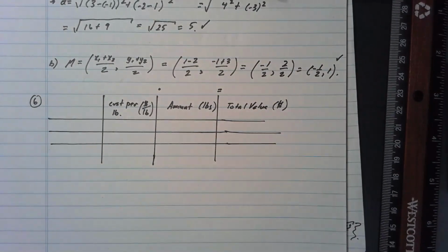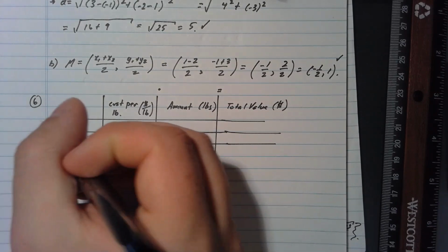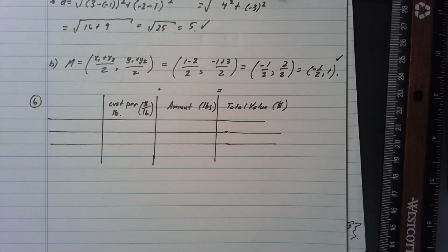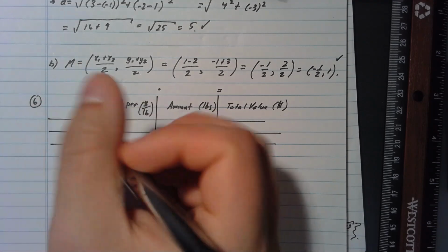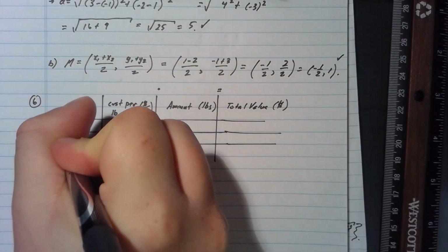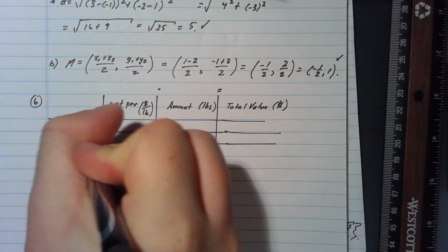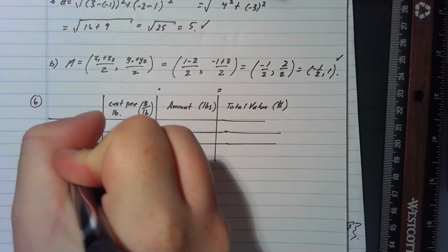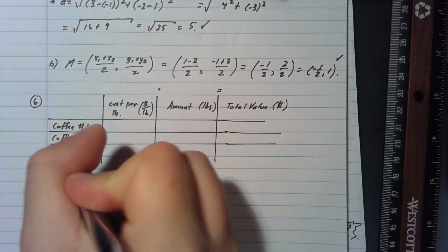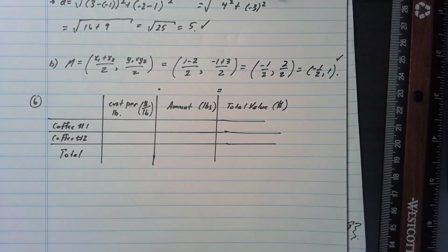And I'm looking at the comparison between two different coffees, right? Even though there's no names for the coffees, I'll just call it coffee number 1 and coffee number 2, and the total between them. All right, so now I just got to fill in my table from the information given.